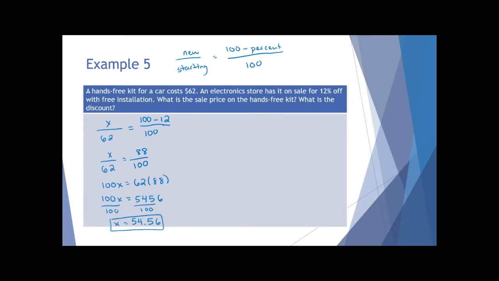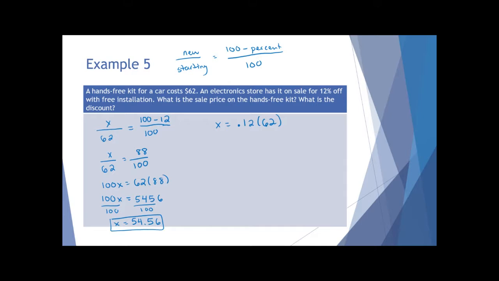The discount is the difference between the original price and the sales price, the 54.56. An easy way to find the discount is to basically take 12% of what you're starting with. When we had tax, we did 1 point whatever, we added on.